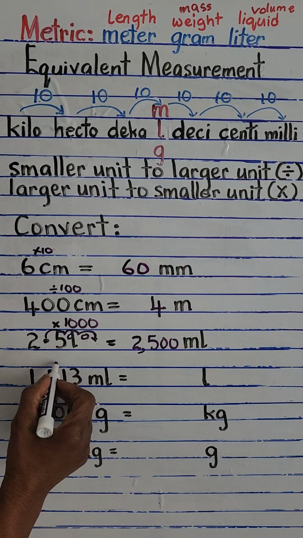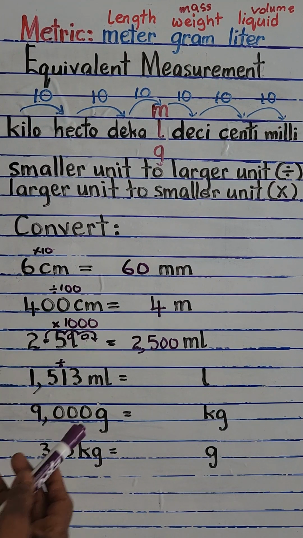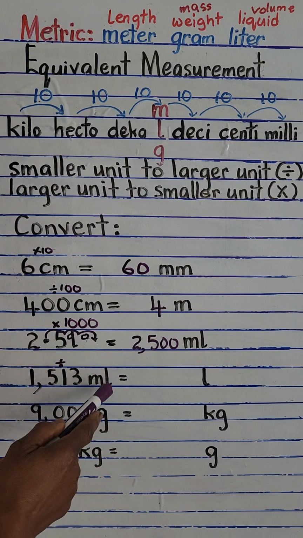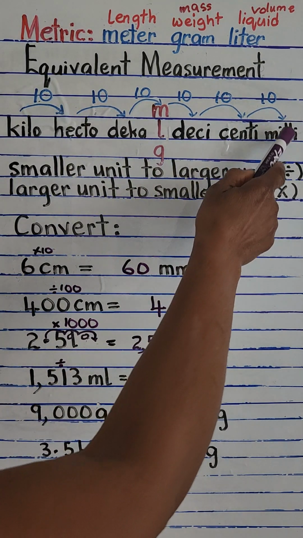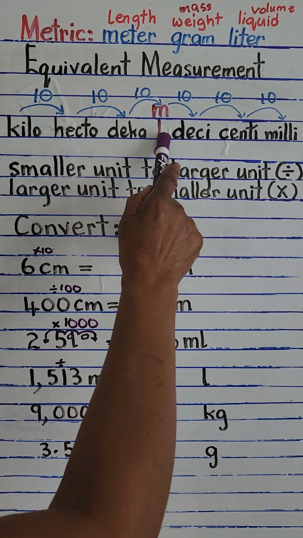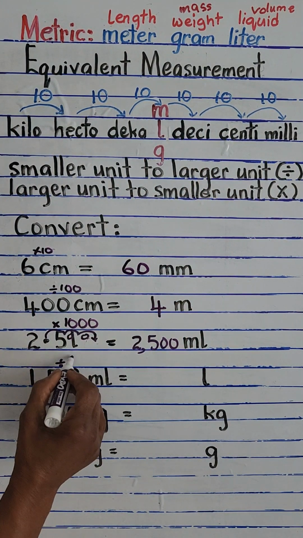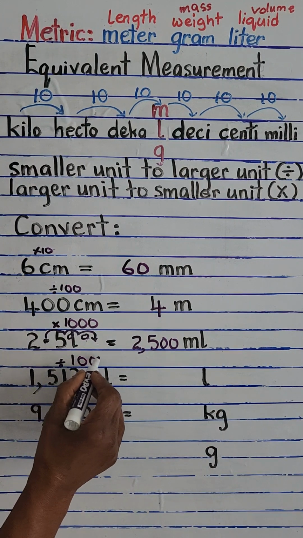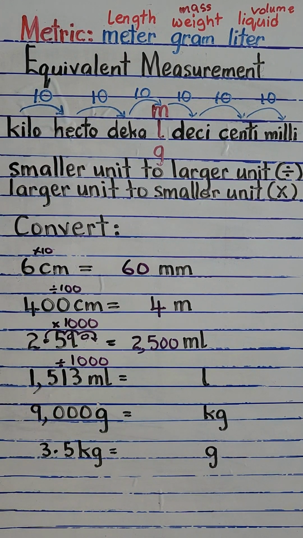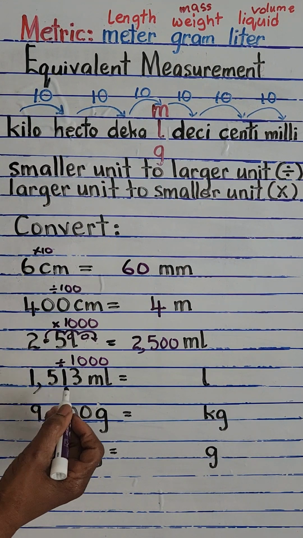Let's put our divide. And what are we dividing by? How many milliliters make a liter? 10 times 10 times 10, 1,000. So we divide by 1,000.